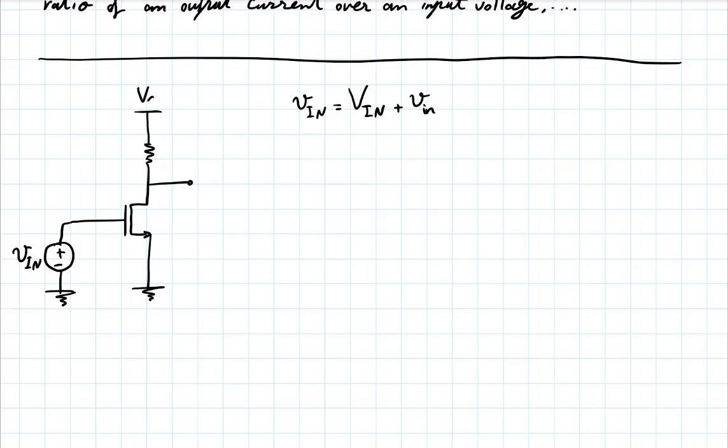And then here you have your VCC, here you have a resistor, and this is my V out. Again, V out has two components, a bias and a small signal.